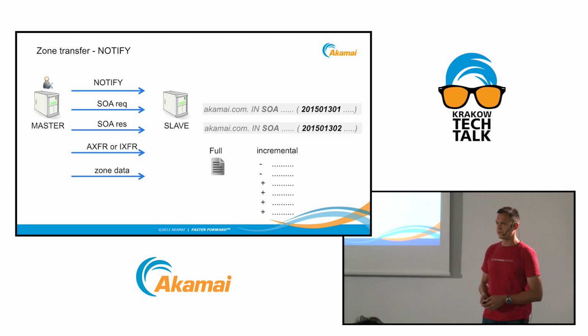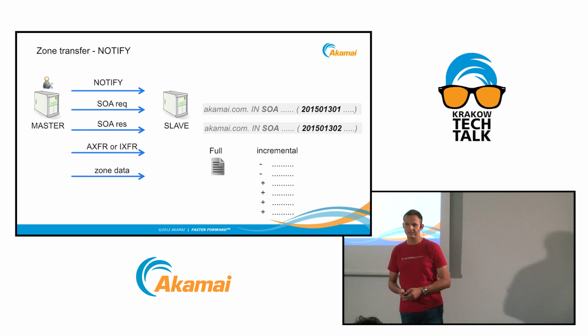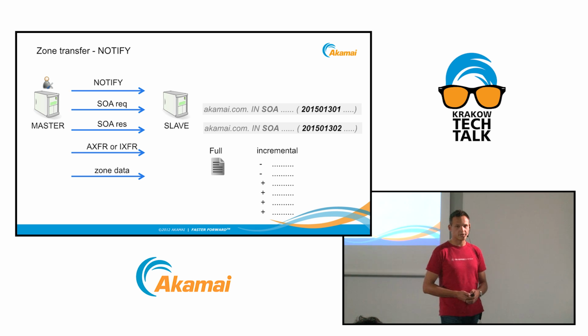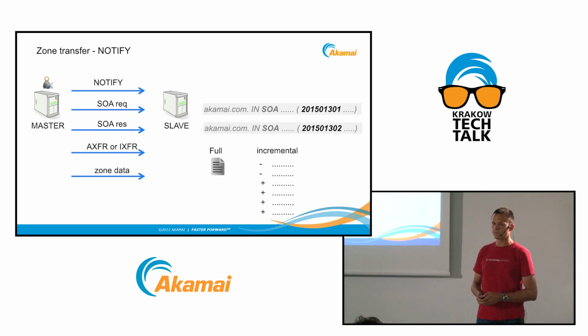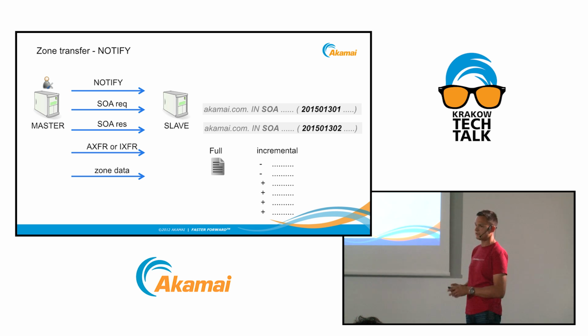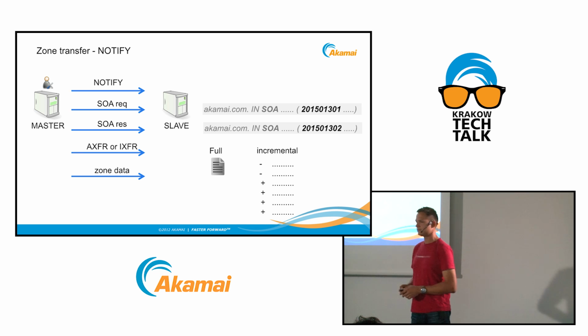You are doing some modification over there, changing some IP address or introducing some record, whatever. Now, the master server is clever enough and is aware of the location of each slave server. It means that after the zone is updated, it is sending a notify message, meaning something has changed.